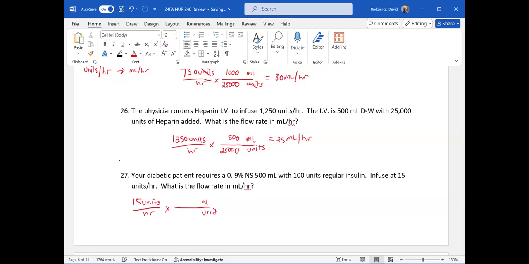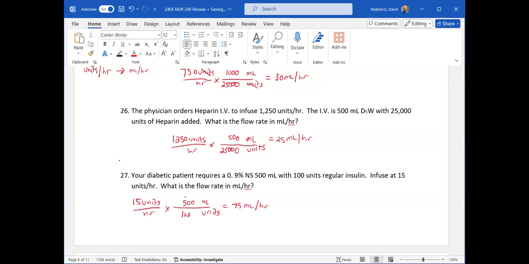So I'm going to use my available units, which is 100, and my IV is 500. 500 times 15 divided by 100. And you're going to get 75 milliliters per hour.